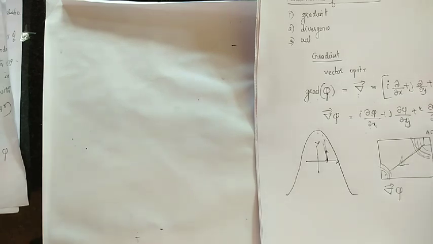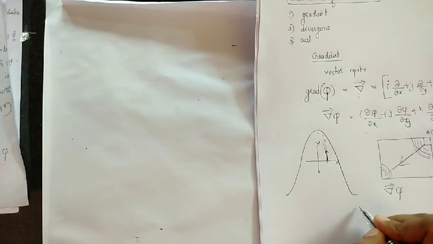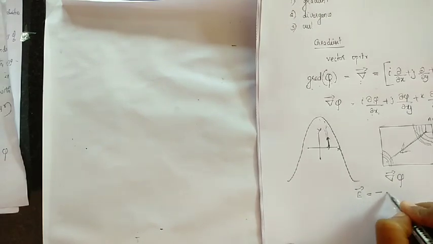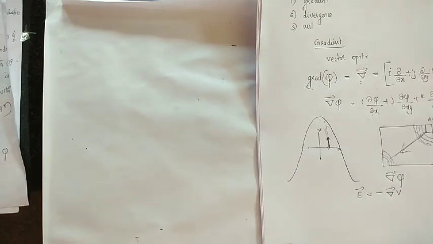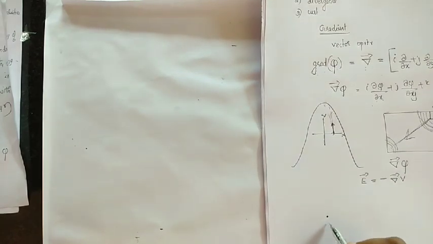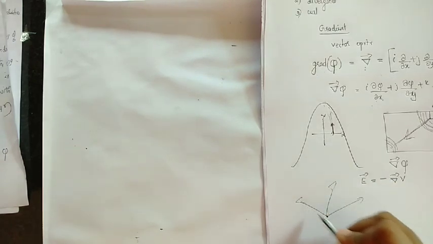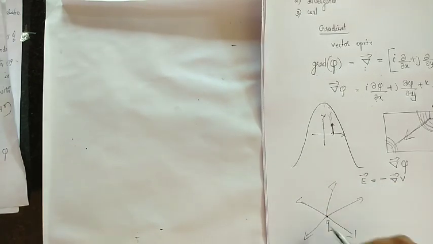Clear? Commonly used gradients are temperature gradient, pressure gradient, velocity gradient, and, as you studied in plus two, the gradient of an electric potential. An electric field E can be represented as minus del V. If there is a point charge Q, its electric field will be propagating in this direction.